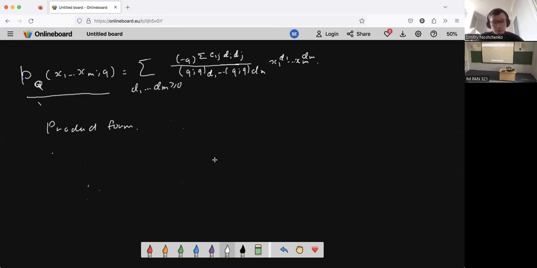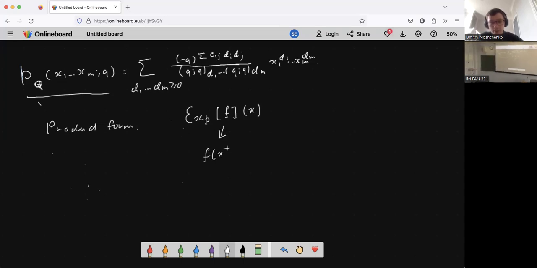Yes, so one can do the following. One can introduce the operator, which is called the plethystic exponential, written as a symbol exponent, where f here is some formal series, so f of x is essentially some series that starts with x plus a2 x squared plus a3 x cubed plus and so on.